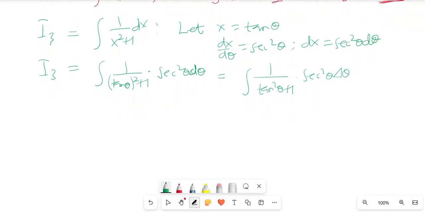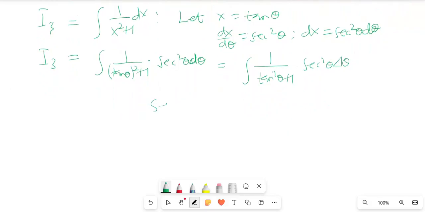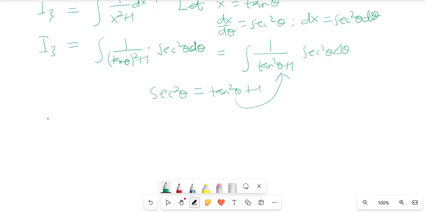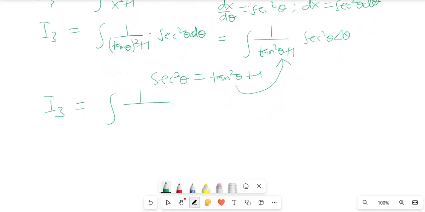From the Pythagorean identity, secant squared theta is equal to tangent squared theta plus 1. So wherever you see tangent squared theta plus 1, we plug in secant squared theta. Our I3 now becomes the integral of 1 over secant squared theta times secant squared theta d theta. The secant squared theta cancels out, leaving the integral of 1 d theta. We are integrating 1 in the theta world, that is just theta.